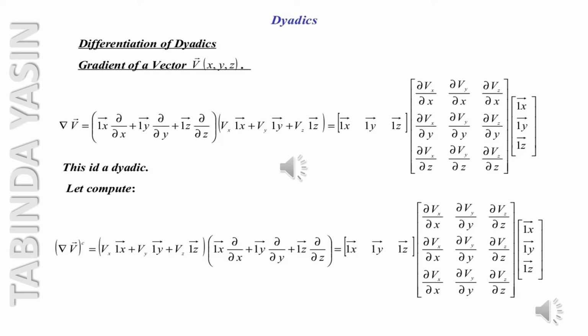Let us compute the conjugate of the gradient of V, which is V 1x plus Vy 1y plus Vz 1z times the operator. The value is the same as before, so it means that they are equal.